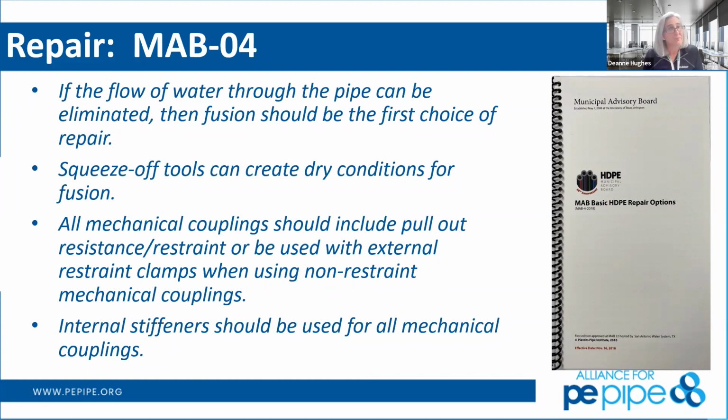Squeeze off tools. If you're not familiar with what a squeeze off tool looks like, we have a picture of those and a little conversation here at the end of the presentation. If you end up needing to use a mechanical fitting or a coupling, those have to have some pull-out resistance and restraint, because otherwise they will separate, and then we'll be back to square one. And anytime we use a mechanical coupling, of course, internal stiffening is important.